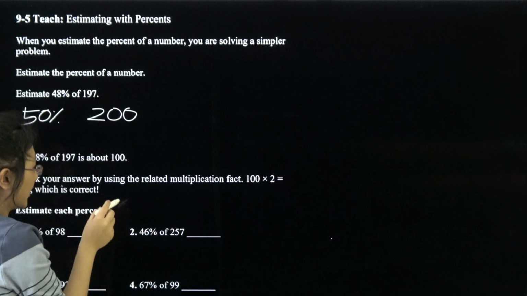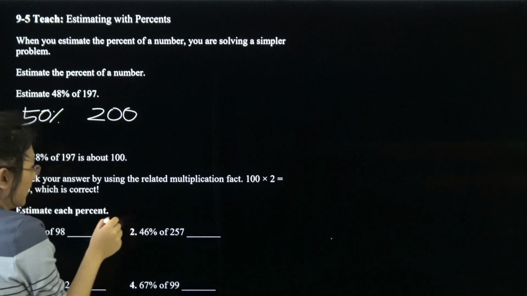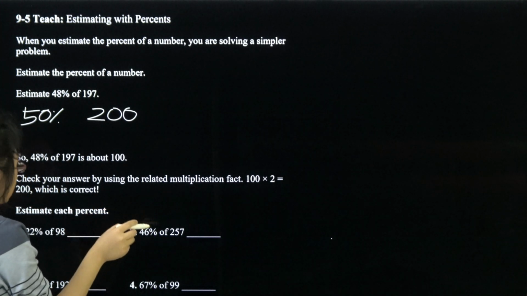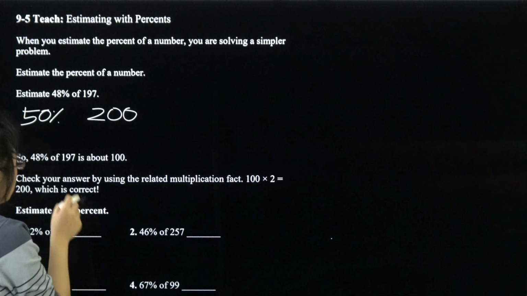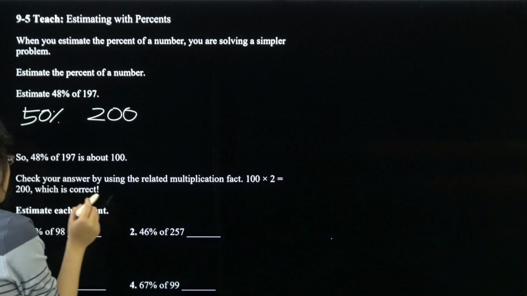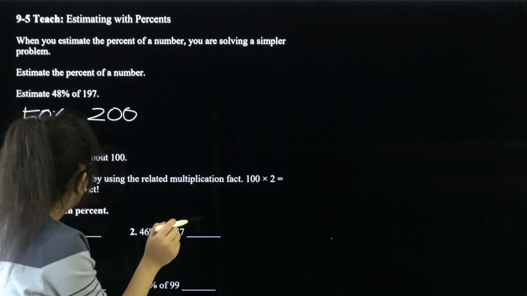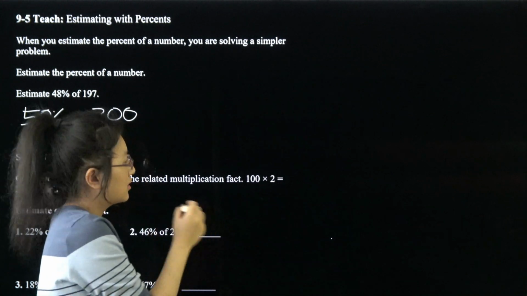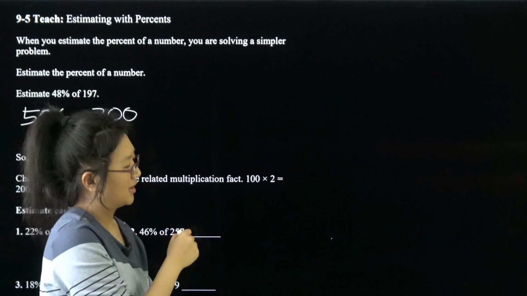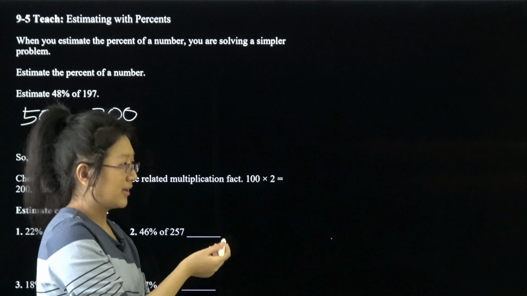So we can check our answer by using the related multiplication fact. 100 times 2 equals 200, which is close enough to 197, which is correct. So what is the actual 48% of 197?